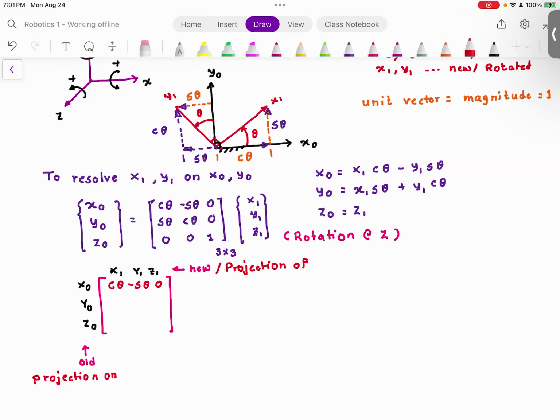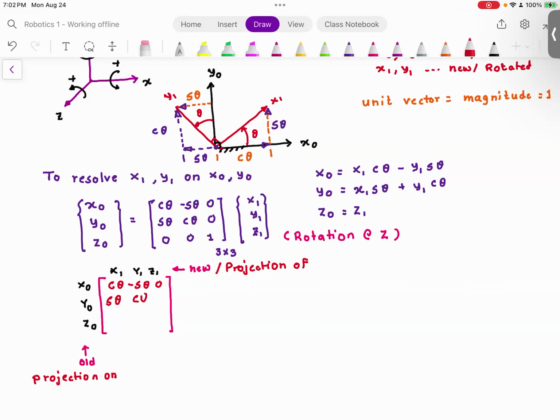Now same question. What is the projection of x1 onto y0? Look at the figure. Sine theta. What is the projection of y1 onto y0? Cosine theta.